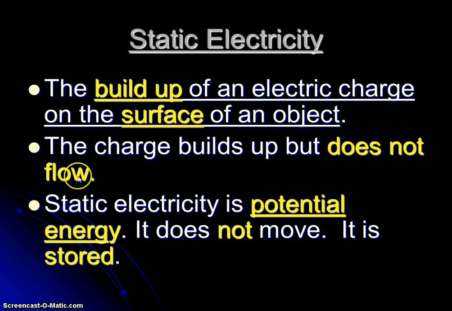There is no flow. Static electricity, remember the word static means still. So if something is static, it is still. So there's not a flow of electrons. The charge just builds up. It is static electricity. Okay, because it's not moving, it is a potential energy. It's stored. It's building up.